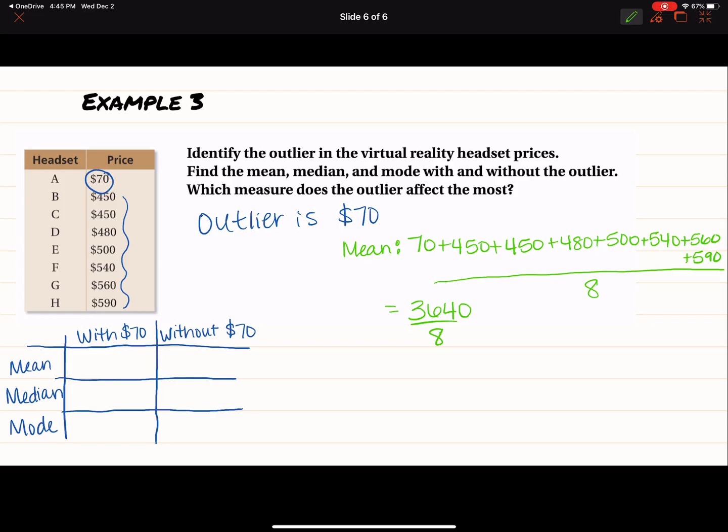Yep. And 3,640 divided by 8 is 455. So my mean with my outlier is 455. And that's dollars.